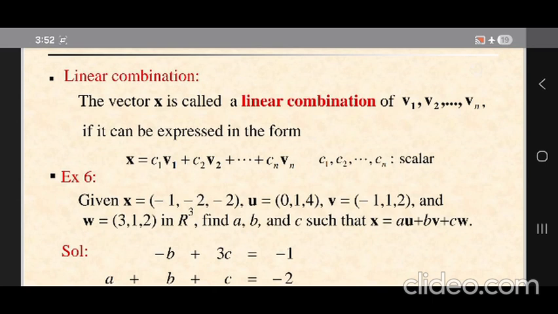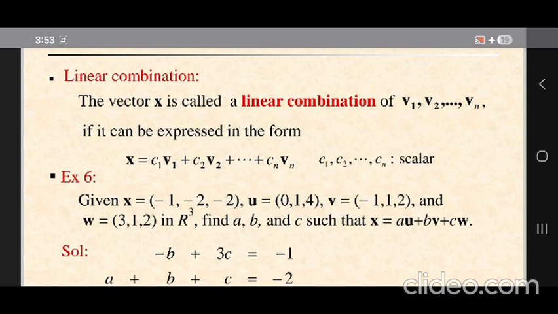Linear combination. The vector x is called a linear combination of v1, v2, etc., vn if it can be expressed in the form x equal to c1v1 plus c2v2 plus etc. plus cnvn. c1, c2, etc., cn are called the scalar elements.